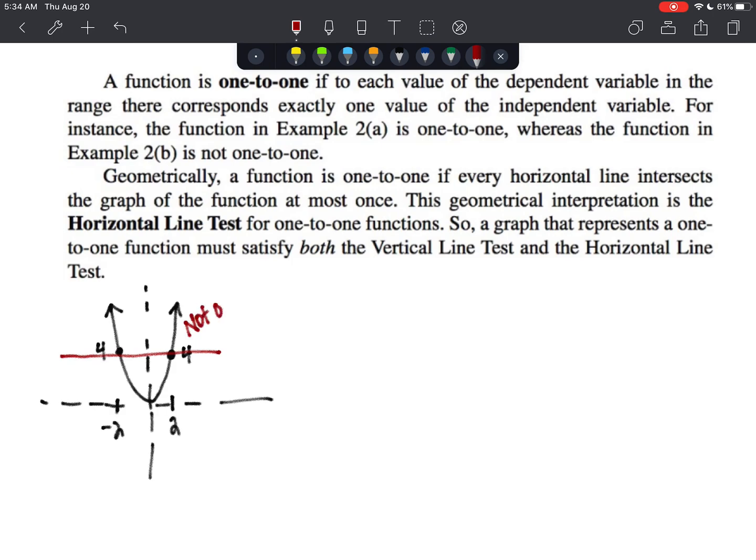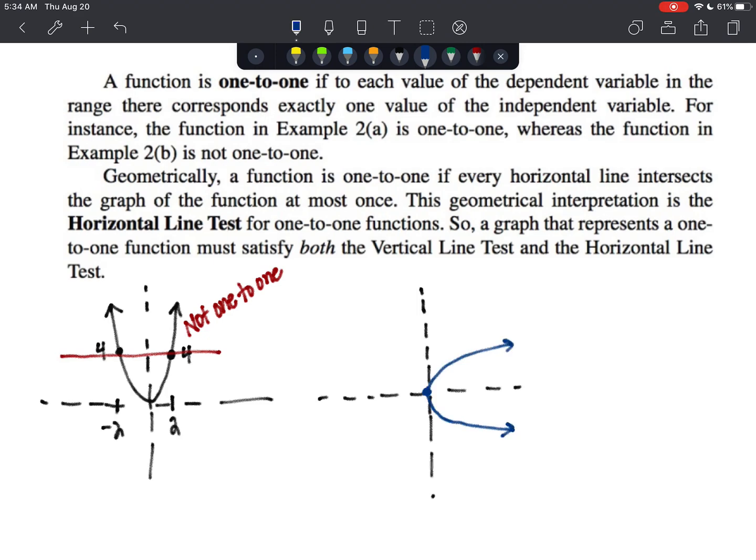This is not one-to-one. And this is important because when we find the inverse of a function, an inverse of a function is going to rotate that function 90 degrees clockwise so that it looks like this.